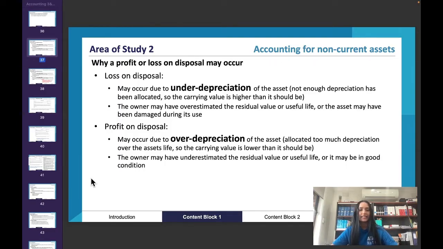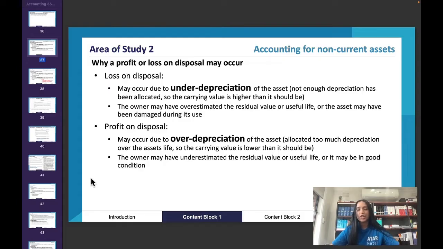What that means is they haven't allocated enough depreciation to the non current asset. So, the asset has not been depreciated enough, which means that the carrying value is higher than it should be. So, when a loss or a profit occurs, it means that the carrying value of the business is wrong. And because the carrying value is wrong, it means that depreciation has been calculated incorrectly.